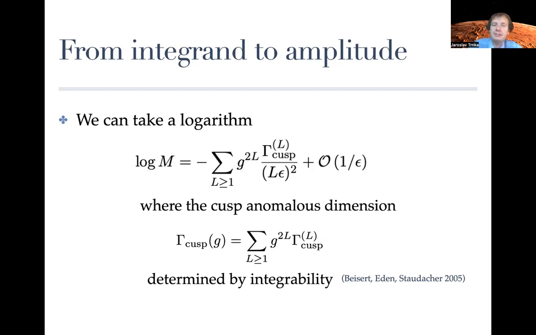And this function is a priori unknown, or not calculable from the point of view of scattering amplitudes, because that would require calculating the amplitudes to all loops. But this function is actually calculated or predicted by integrability, by the Eden-Staudacher equation, from a completely different point of view of spin chains.